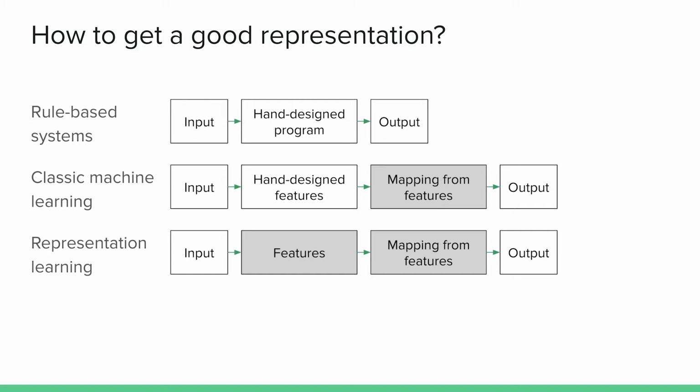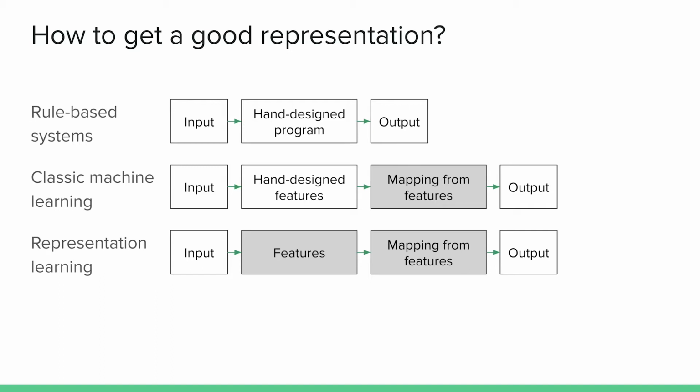That would be then representation learning, and this is kind of the main gist of what we're talking about in this course, that we're trying to go away from handcrafting feature extraction, and using deep learning to do this.